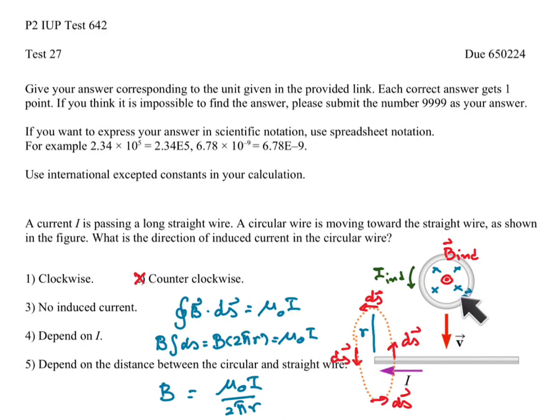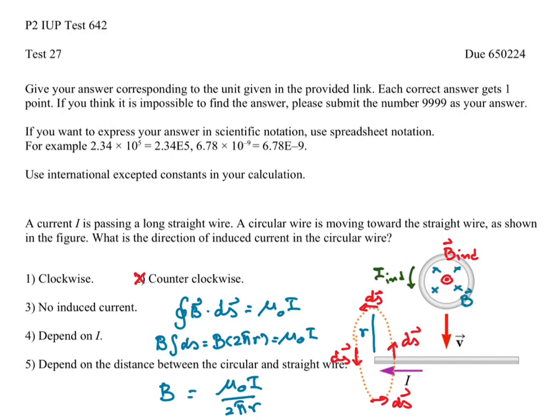This is the magnetic field of the straight wire, and when the circular wire moves closer to the straight wire, the magnetic field will increase. Right? The magnetic field passing through the circular wire will increase, which means it will increase the magnetic flux passing through the circular wire.